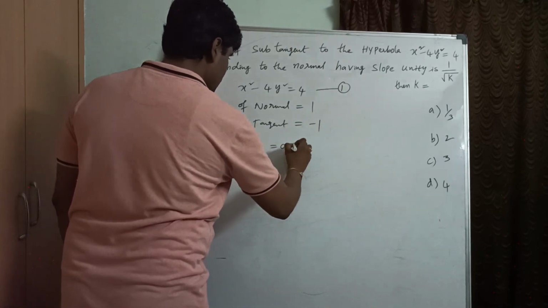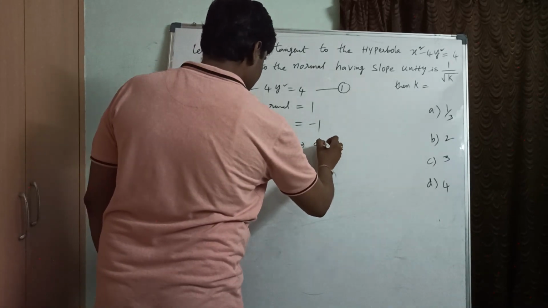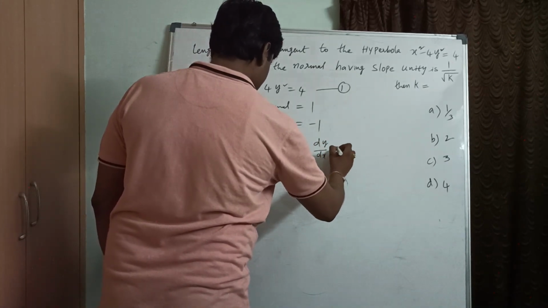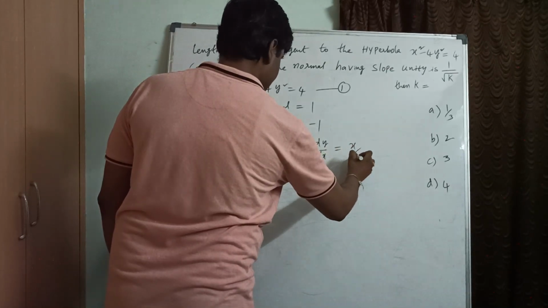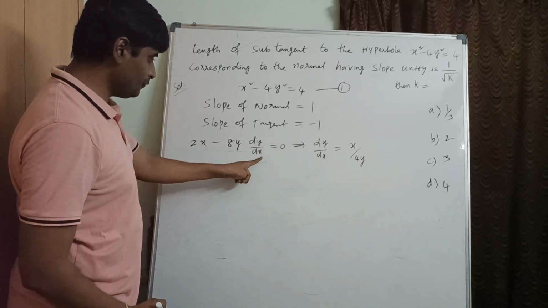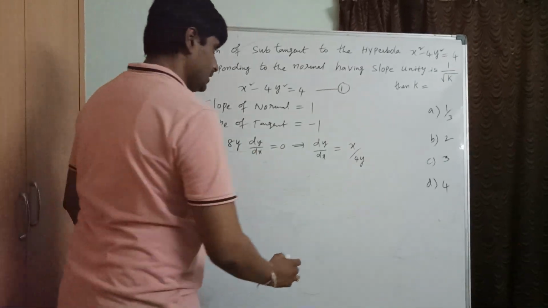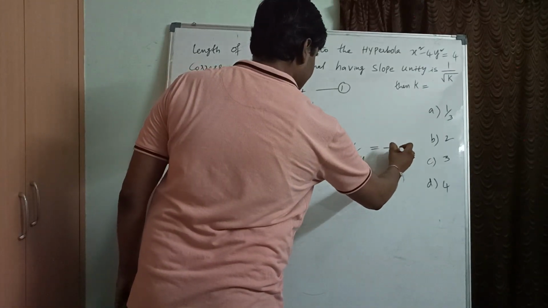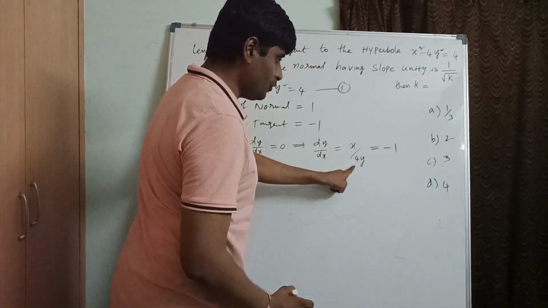So dy by dx equals x by 4y. This is minus 1. Now x by 4y equals minus 1.